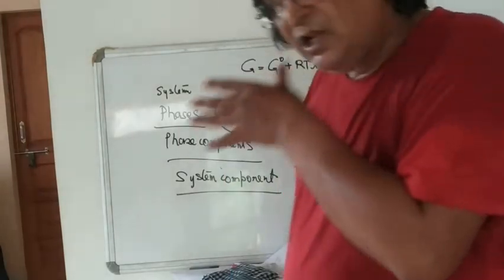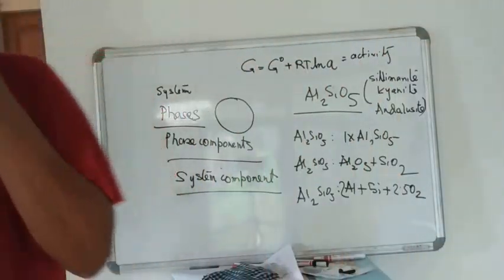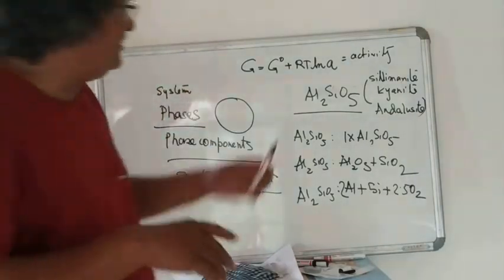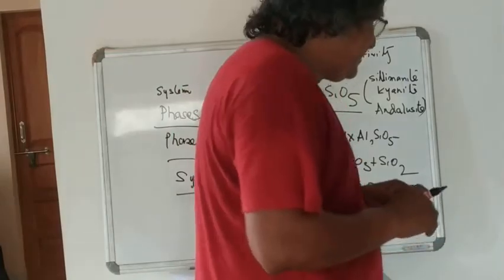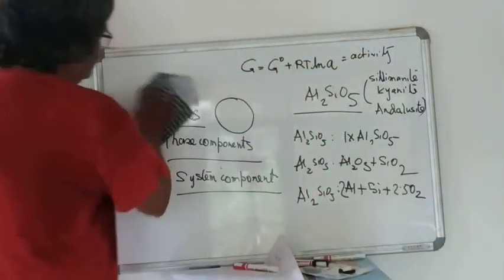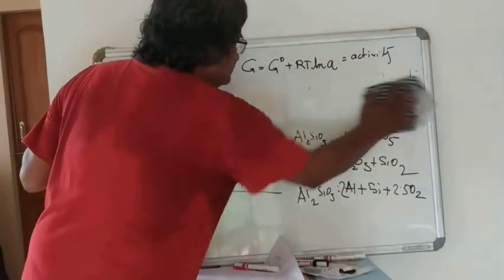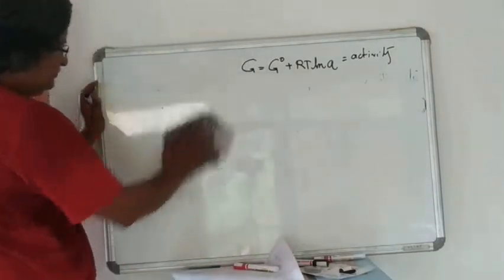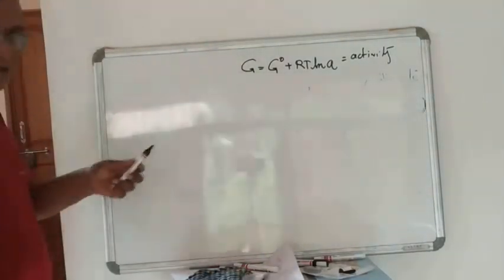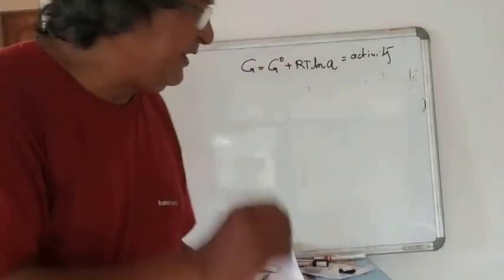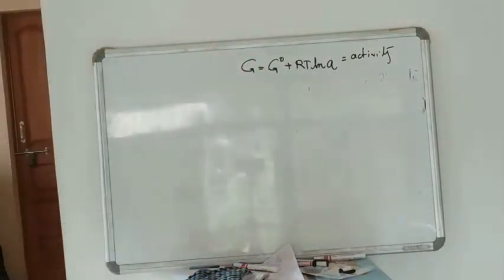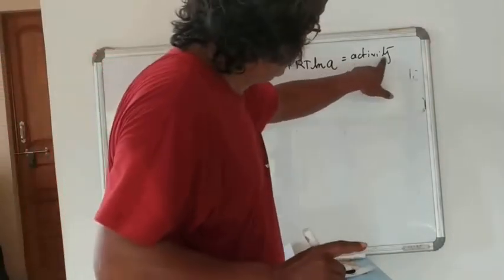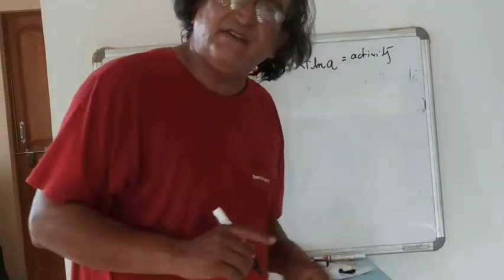So this is a brief introduction into a little bit of thermodynamics before we go into this equation. We will go into the details later on. Coming back, we know that this A is equal to activity.